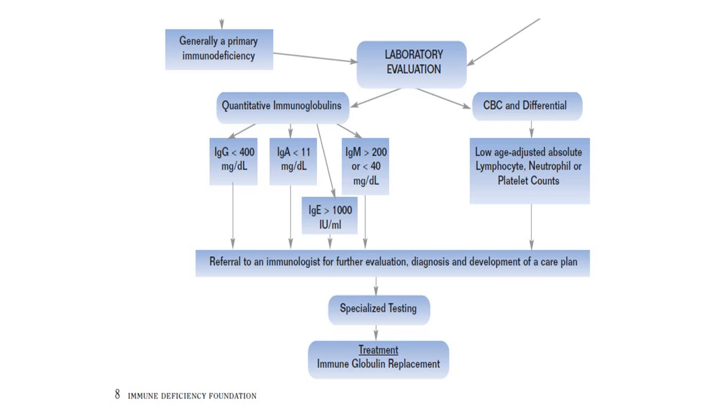Also, if we find that there are abnormalities in the peripheral blood that we have just mentioned, the patient needs referral, and there he will need specialized testing in order to identify the exact molecular diagnosis of this patient, and then replacement or hematopoietic stem cell transplantation will follow.